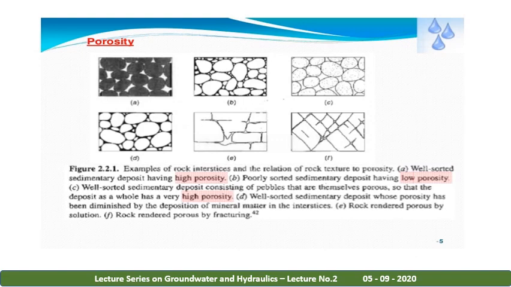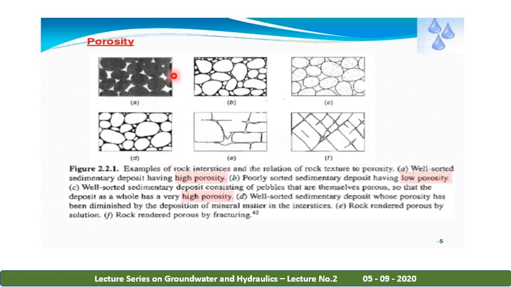Here you can see how porosity looks. It's poorly sorted, where the material has holes, but the connection between holes is not clearly visible. Then in this diagram, you can see it is also poorly sorted. You can see the holes, and connectivity between the holes is also important, that is permeability.